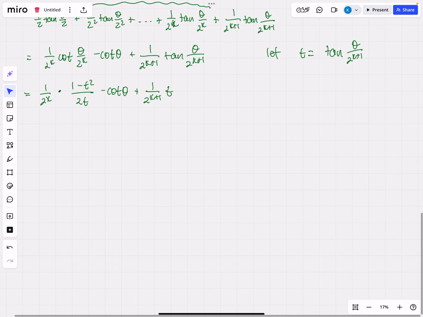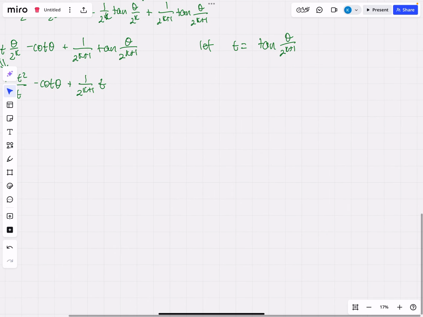Now, why does this become that? Well, we know that for our t formulae, half angle formulae, t equals tan theta over 2.